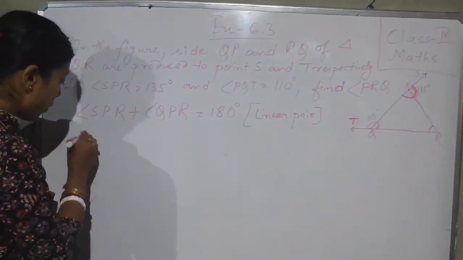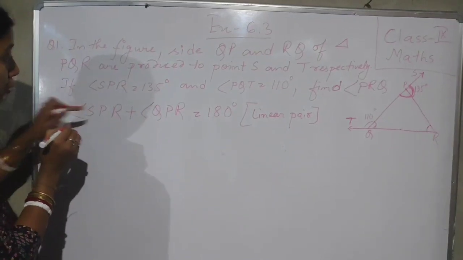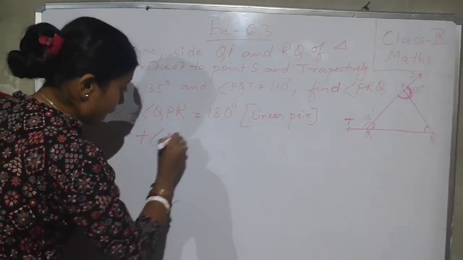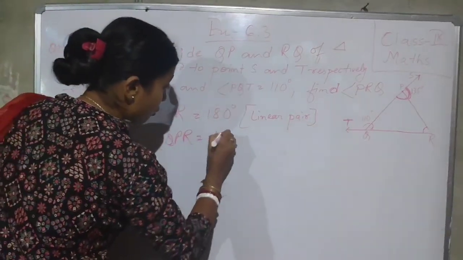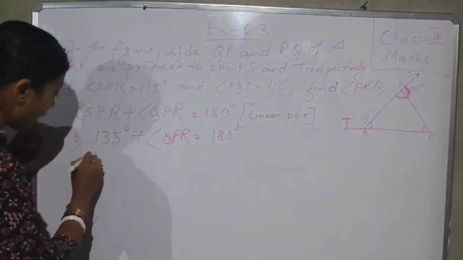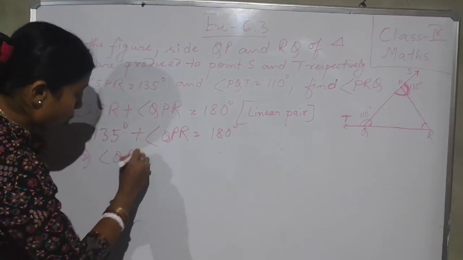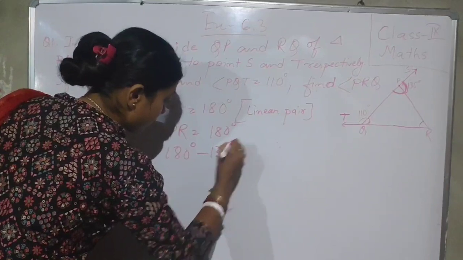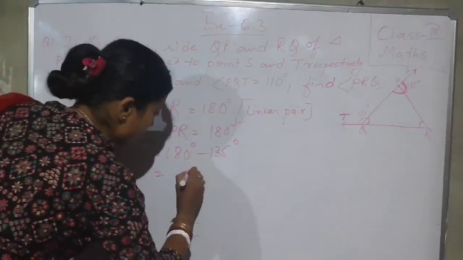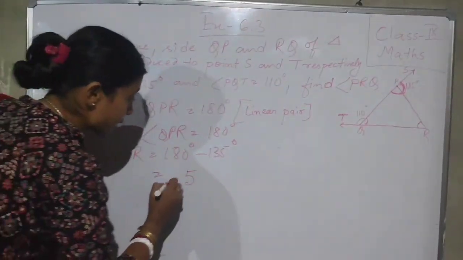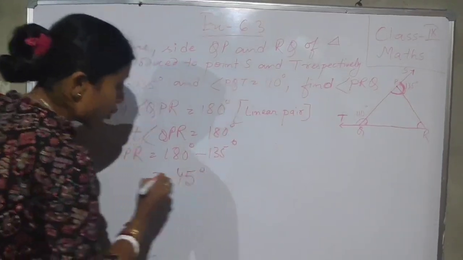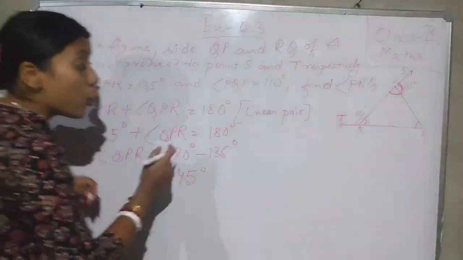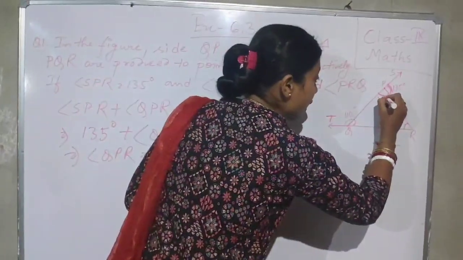Now angle SPR is given as 135 degrees, plus angle QPR, which we have to find, equals 180 degrees. So angle QPR will be 180 degrees minus 135 degrees. 10 minus 5 is 5 and 7 minus 3 is 4, so this comes as 45 degrees.